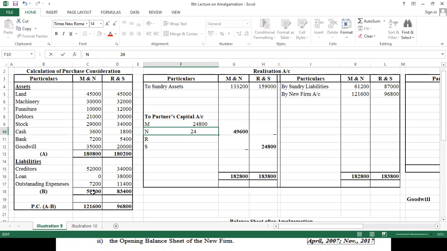24,800. And here the half of 24,800 is 12,400. Sometimes mind and hand will not support each other.